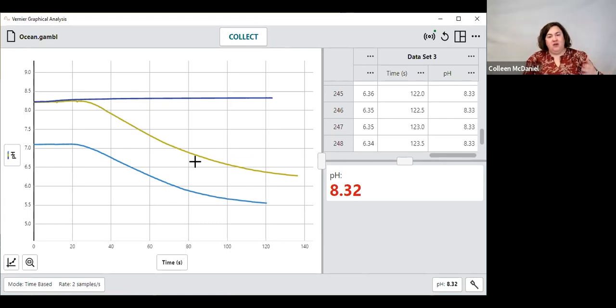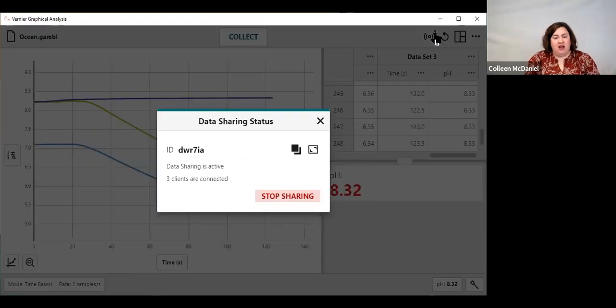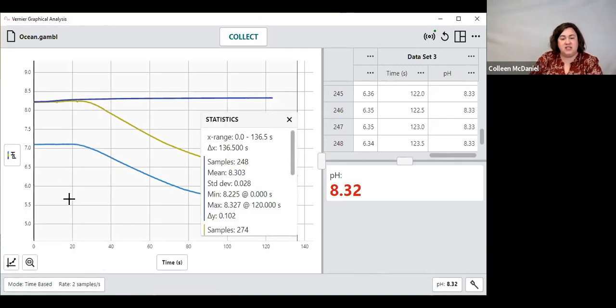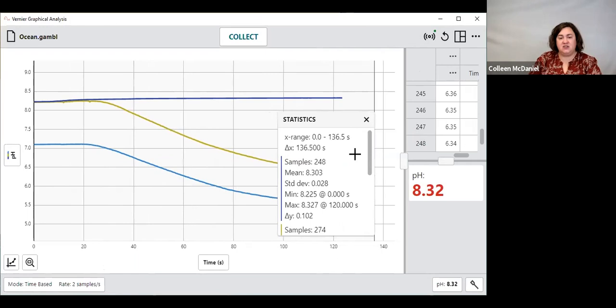Now, a couple of cool things here. What I can do is view statistics on this data, and this is going to give me my statistical information for each run of data.